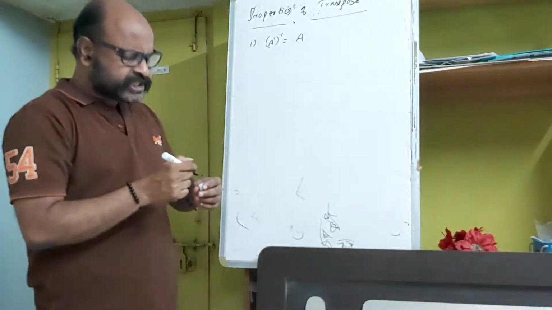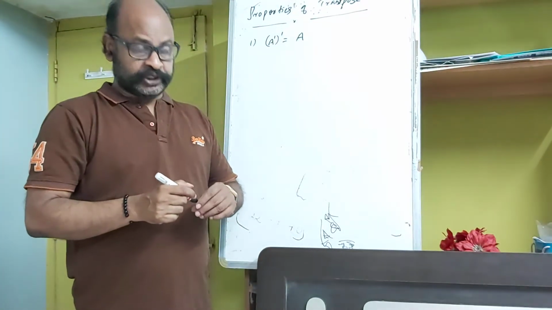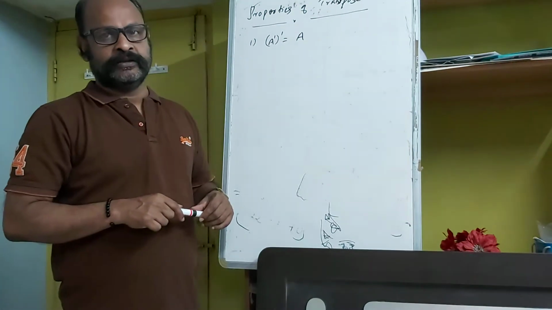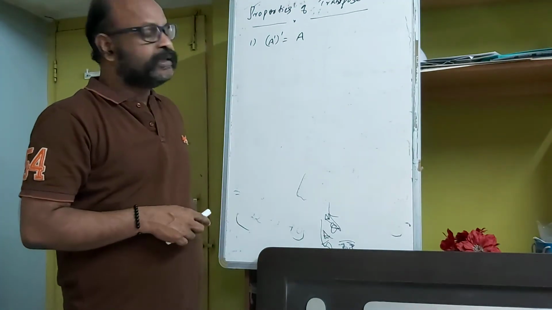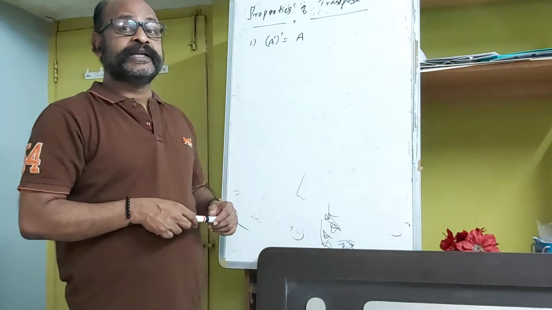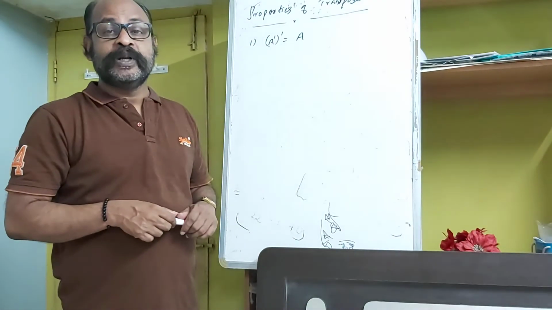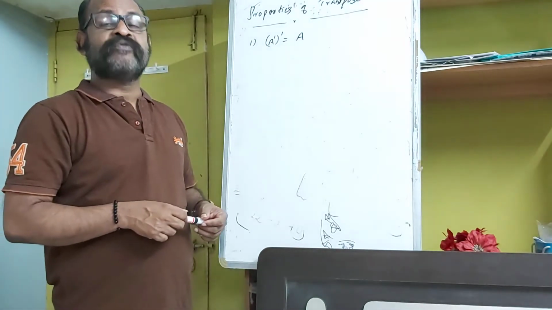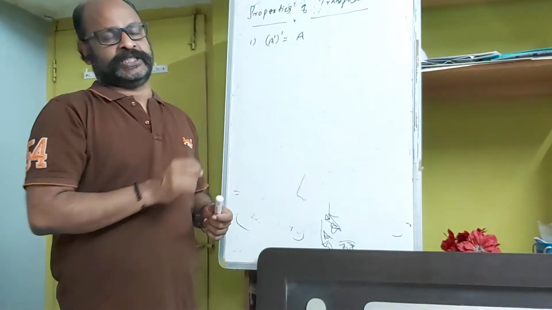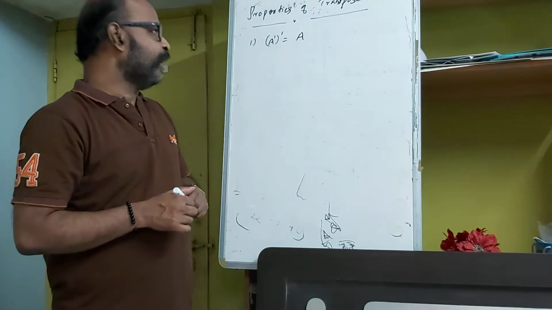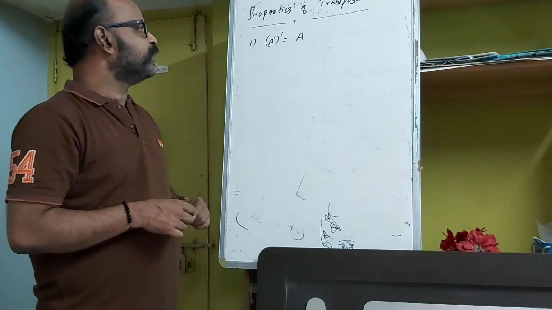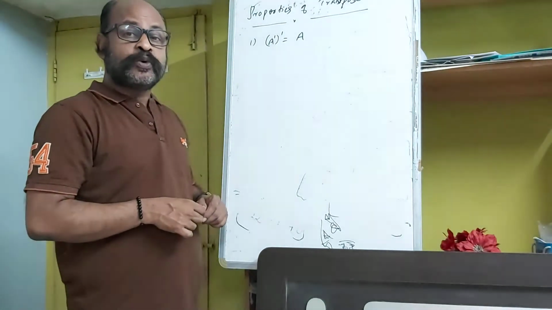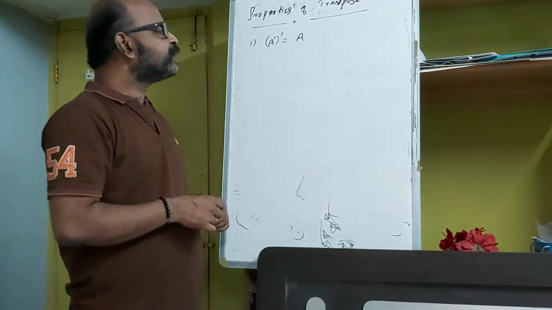It is extremely similar to the property of complement that we discussed in set theory. In set theory, A stands for a set and A dash stands for the complement of the set, and there we discussed that the complement of a complement is the set itself. In the same manner, for a matrix and its transpose, the first property is that the transpose of a transpose is the matrix itself.